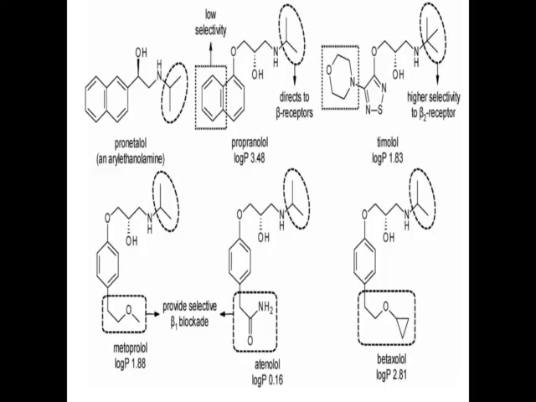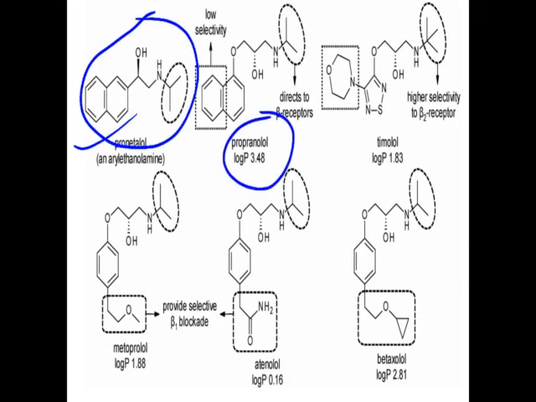These are the other beta blockers. Propranolol: this is the structure of propranolol, so it is an aryl ethanolamine structure. This is the naphthyl ring, having the ortho methoxy group. This ring decreases the selectivity of propranolol, while this group is required to bind to the beta receptor.